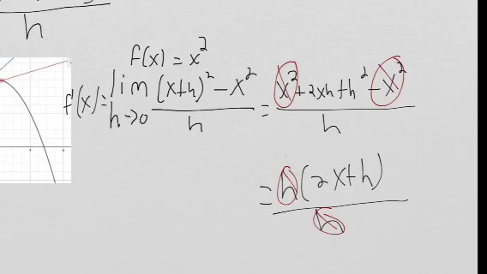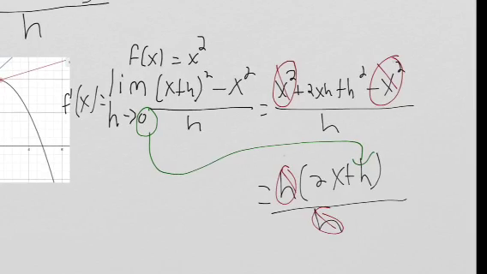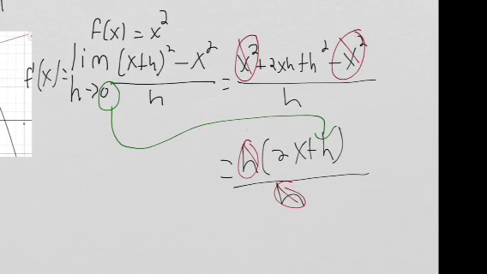Some people prefer to not actually show that step of factoring out, and they just say, well, this has an h and this has an h squared, so we're going to cancel that h and one of these h's, and we're just going to get left with 2x plus h. But don't forget, the limit as h approaches 0 is what we're doing here. We're letting that difference in our x values disappear. So now that we've canceled the h on top and bottom, we can just plug that right in, and we get that f prime of x is equal to 2x.